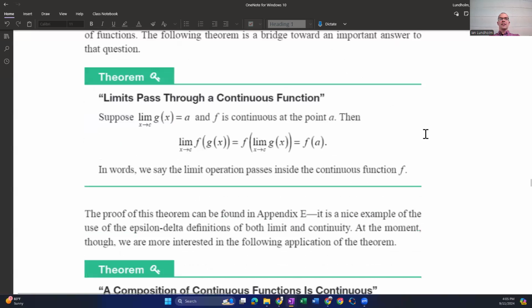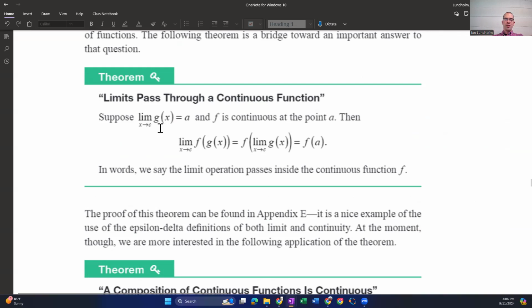Limits pass through a continuous function, meaning that if we're looking at the limit of a composition of functions, here we've got g inside of f, we could pull the function f outside and look at the limit of g, evaluate that, and then plug it into f to get a point here. Now, there are some conditions that we need to meet here.